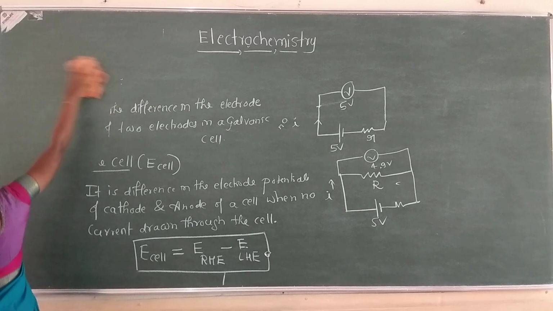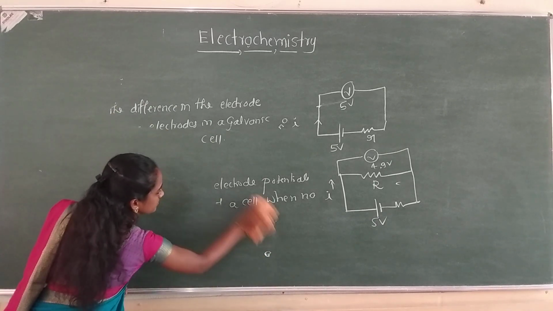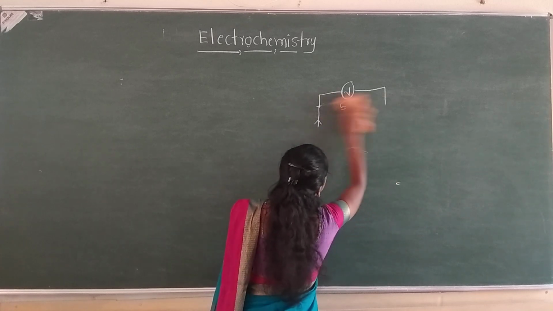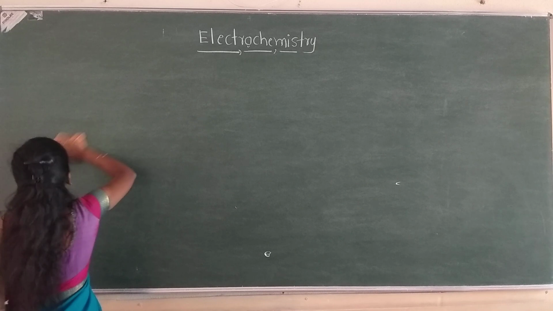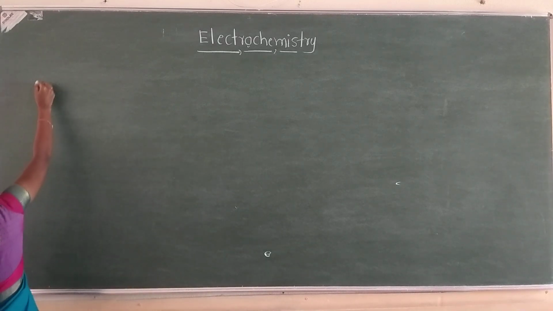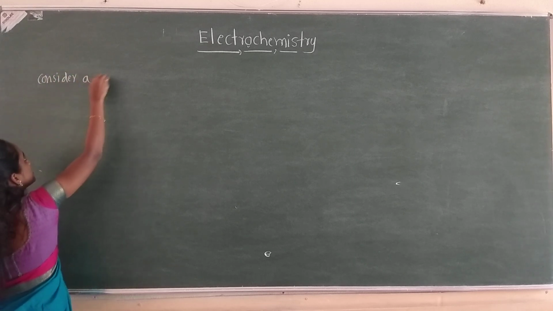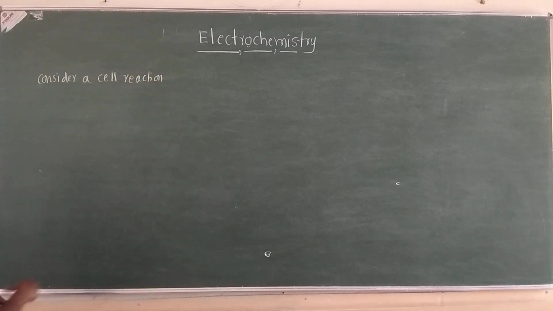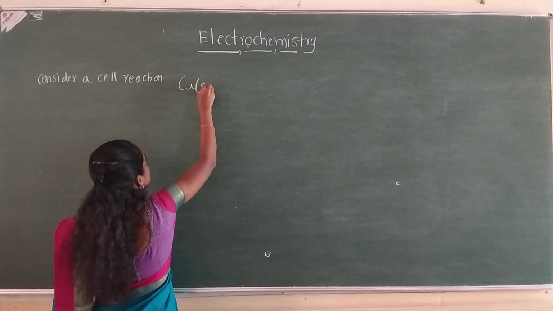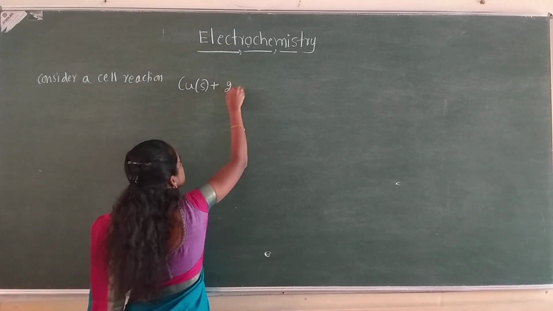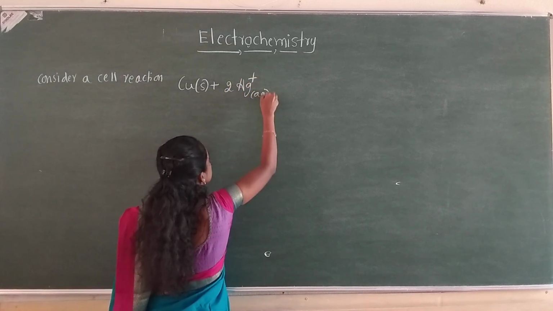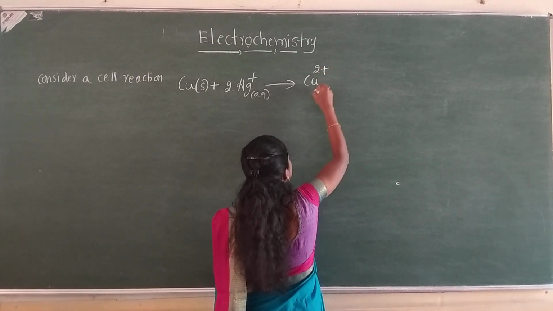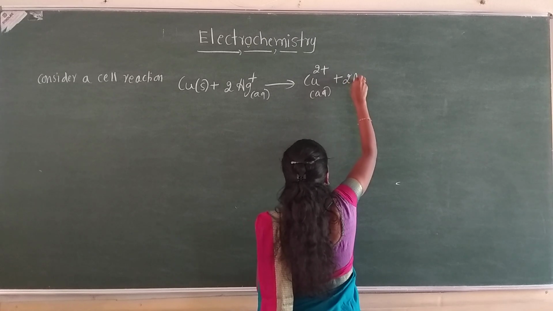So now let us consider one problem here. Consider a cell reaction: Cu plus 2Ag plus aqueous gives Cu2 plus plus 2Ag.